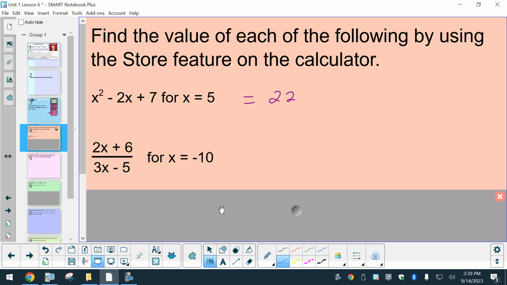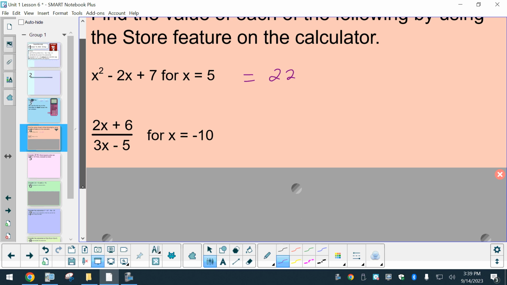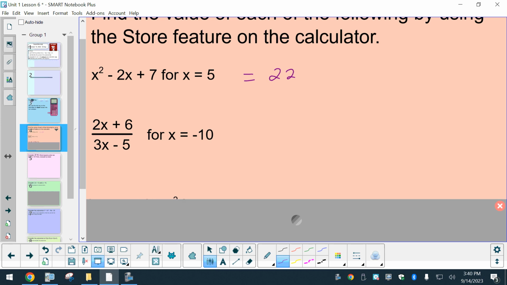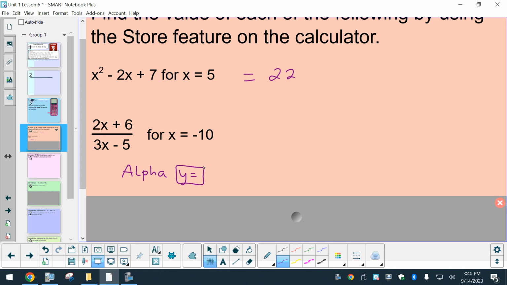Next, we also have a fraction, so we can practice our alpha y equals and number 1, and that's going to create the fraction for us. So I'm going to show you that on the calculator. All right, so we're going to go back.